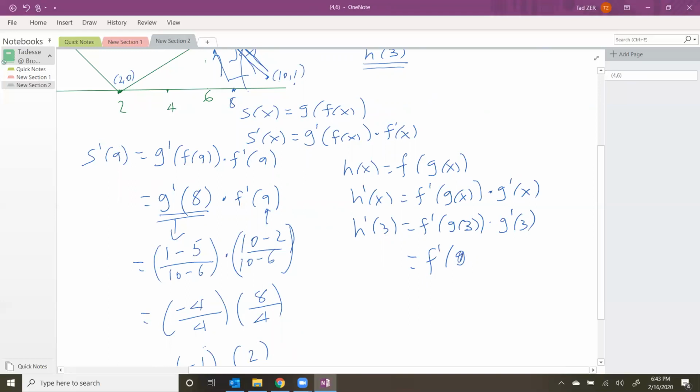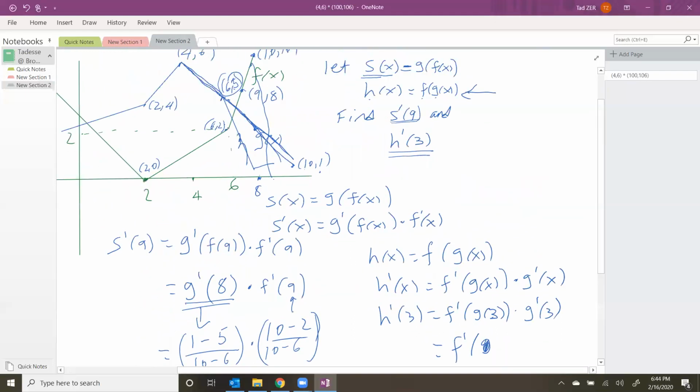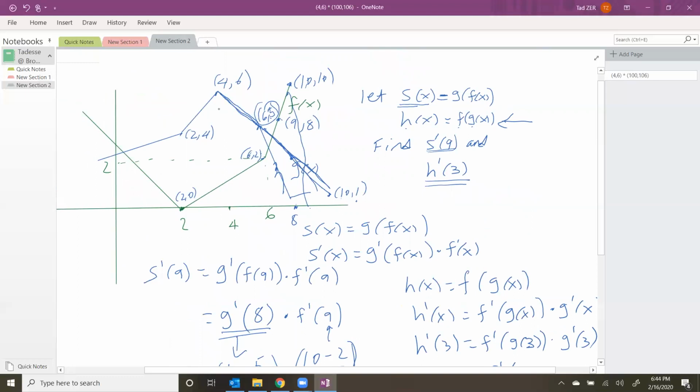Let me erase this. F prime at G of 3. What is the value of G? The blue one you see here is G. At 3, the value of G at 3, reading from the graph, is 5.